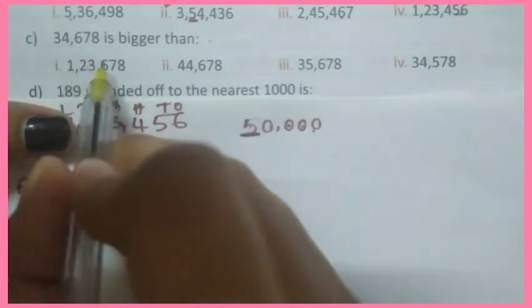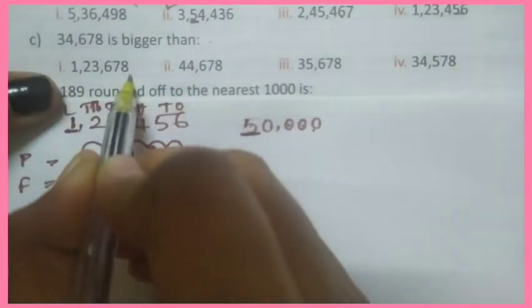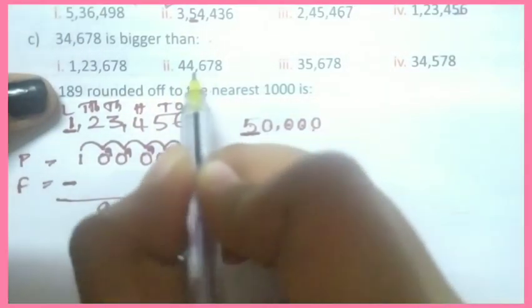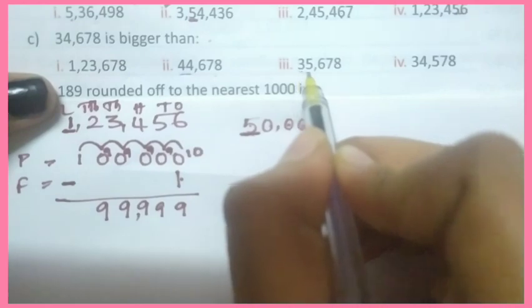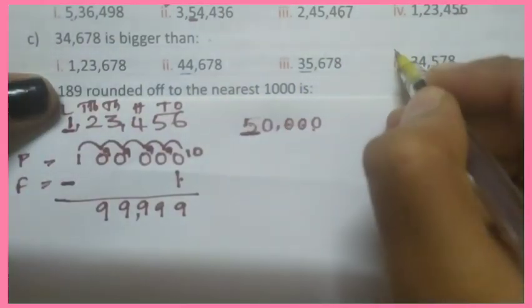So this is bigger than. Look, compare. This is a 6-digit number, so it will not be smaller. This is a 5-digit number only, but here 44 is given, 35 is given, here only 34 is given. So this is the answer.